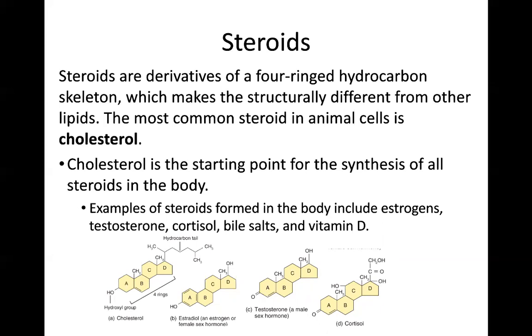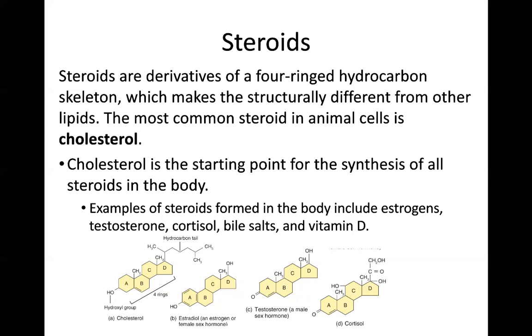Okay. Examples of steroids in our body include estrogens, which is a plural form of estrogen. Estrogen is typically what people say, but actually females have more than one estrogen, like estradiol, that's shown there. Testosterone, which is a very important male sex hormone. Cortisol, which is our stress hormone.